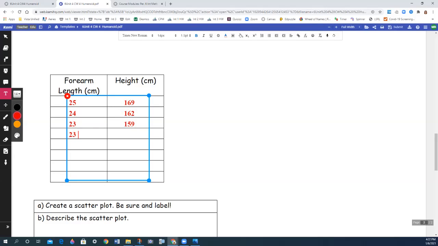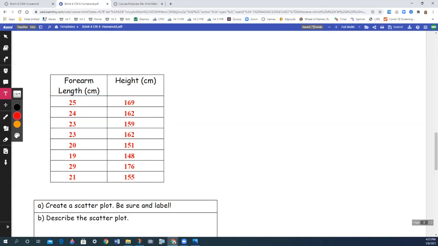23 again and 162. And 20 and 151. Okay. So I do the same data we did today. 19 and 148. 29 and 176, and 21 and 155.